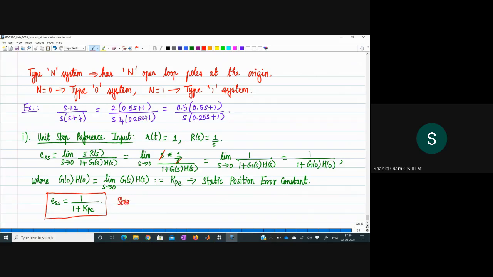This is the expression for the steady state error while tracking a unit step reference.